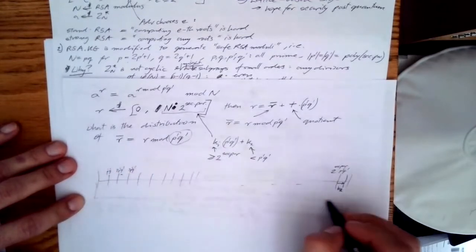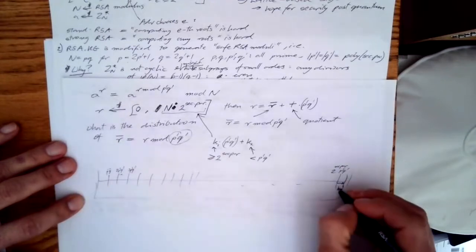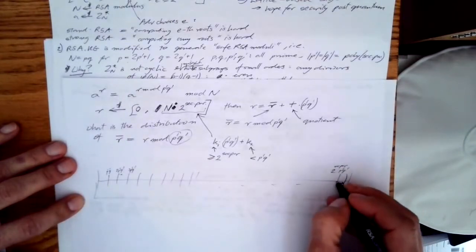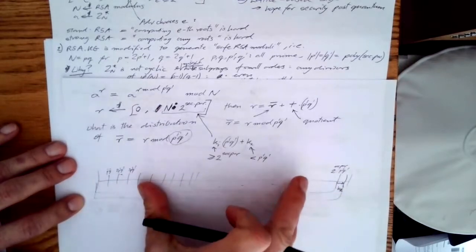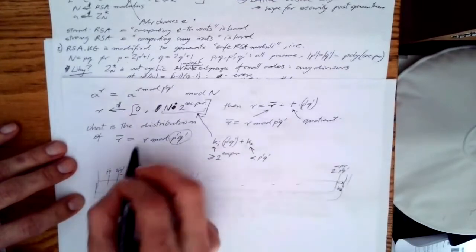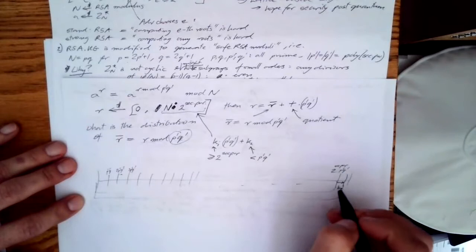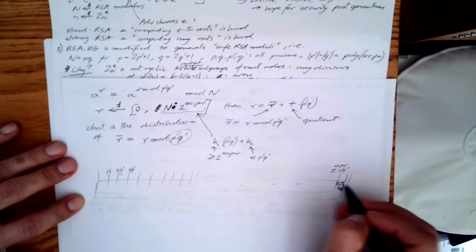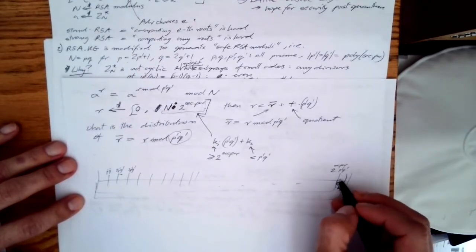If I choose a uniform number from this range, I can split it by the probability that I choose something from here, in which case my residue is perfectly uniform, plus the probability that I choose something from the overhang region, in which case it's not uniform. It could be, in the worst case, like a half, or even smaller.